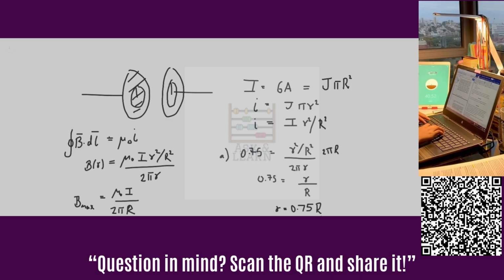So the radius at which the magnetic field is 75% of the maximum is 3/4 of the entire radius. Because we have a radius of 40 millimeter, this is equal to 30 millimeters.